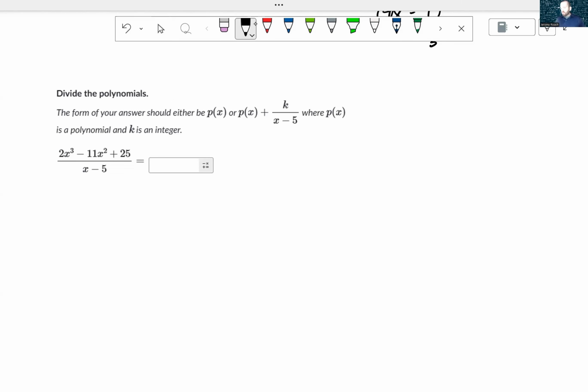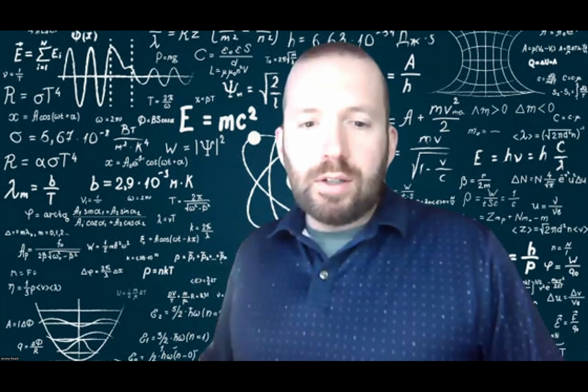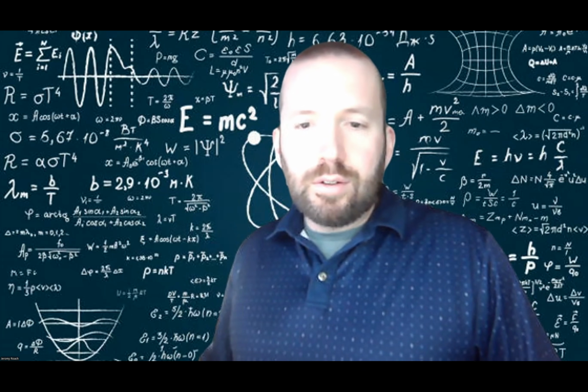But the same basic rules apply. So we're going to write this as long division like this. 2x cubed minus 11x squared plus 25.